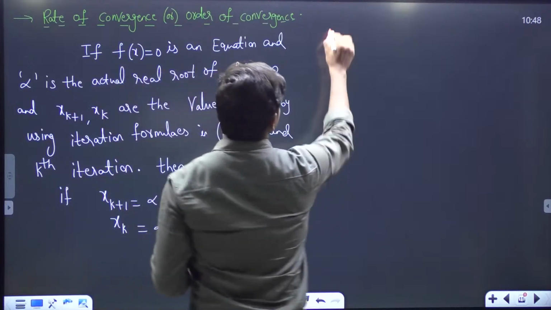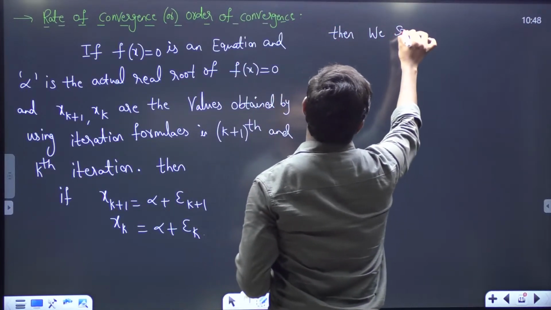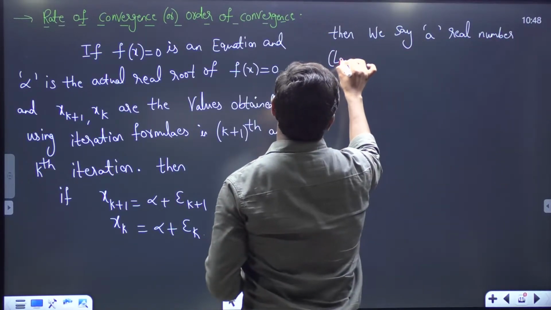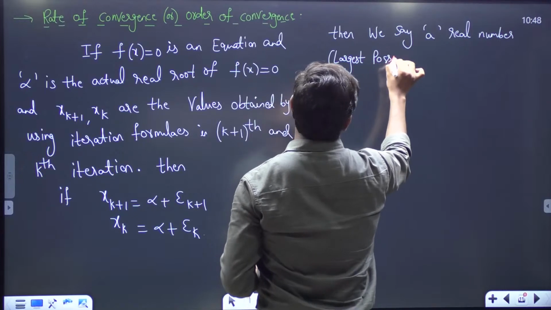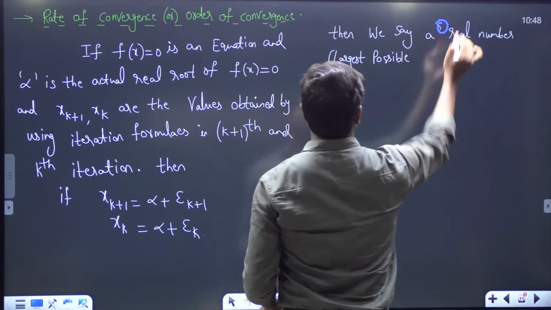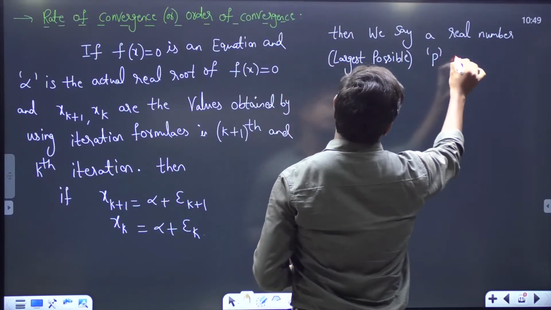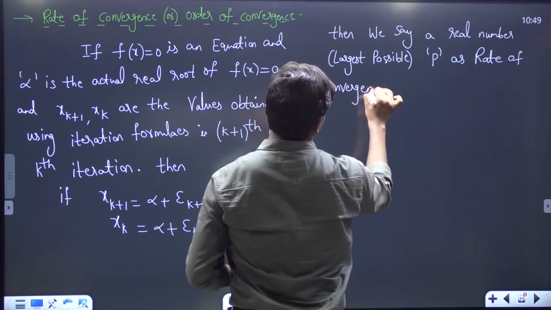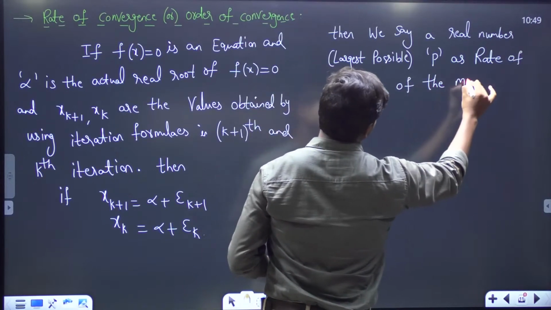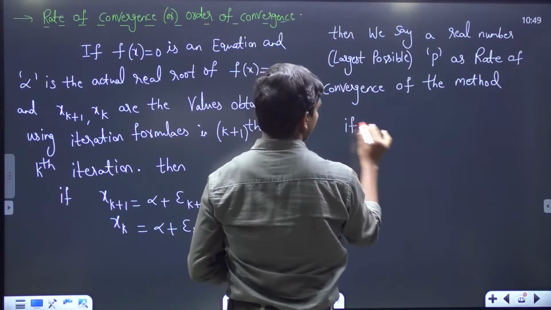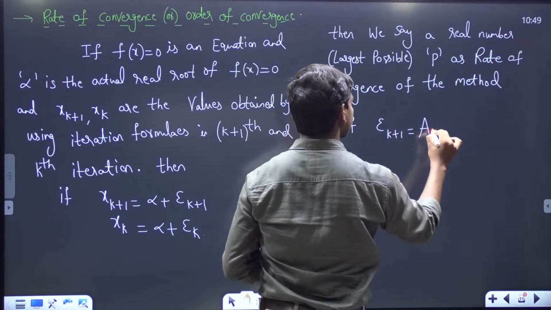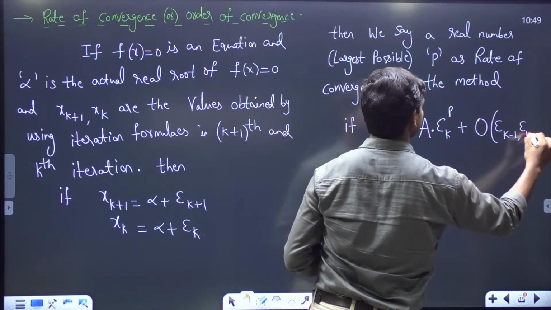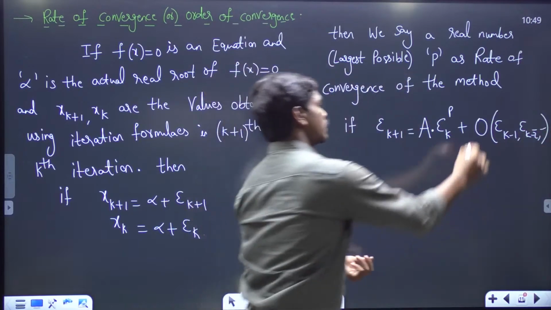So we say a real number (in bracket, largest possible real number) p is the rate of convergence of the method if e_{k+1} can be written as some constant times e_k to the power p, plus terms containing e_{k-1}, e_{k-2} and so on, which we neglect in the Taylor series expansions and all these things.